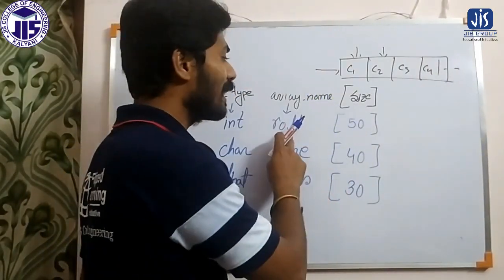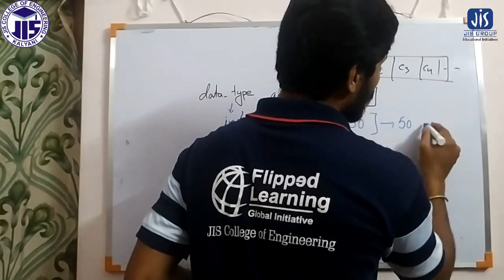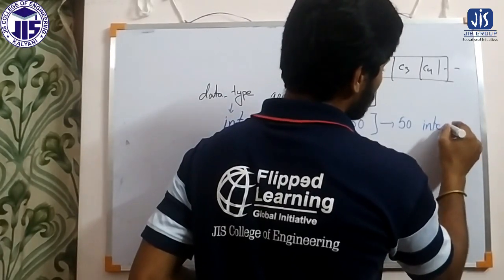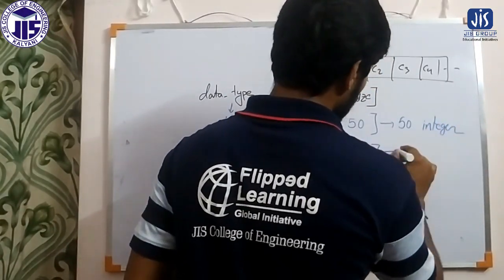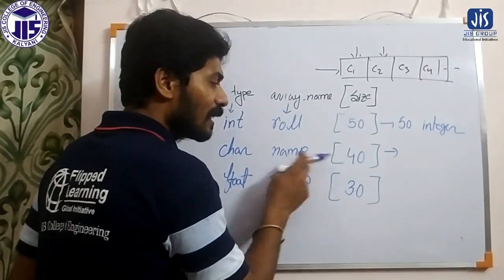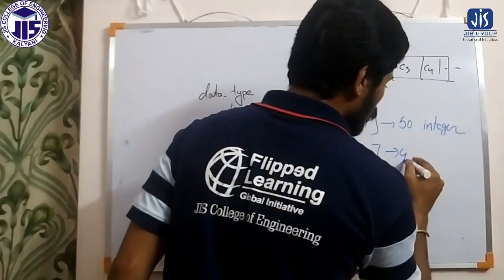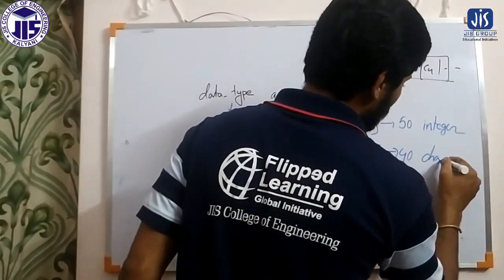So in the roll array we can store 50 integers. In the character array name, name can store a maximum of 40 characters.